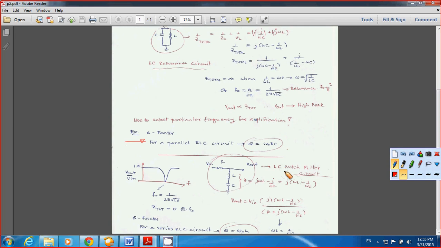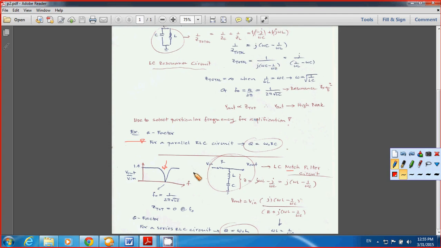Now take a look at another LC circuit. This is what we call a notch filter circuit. It's going to be the opposite of the resonant circuit, because at F0, this frequency, which is equal to 1 over 2 pi square root of LC, your V out is going to drop to 0.